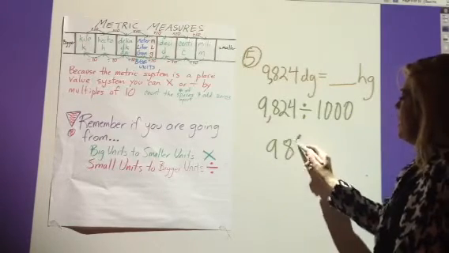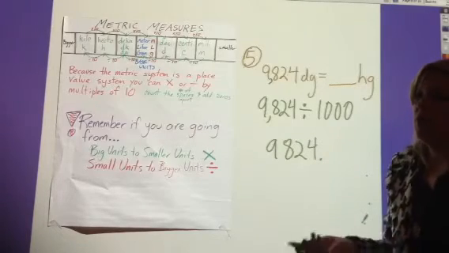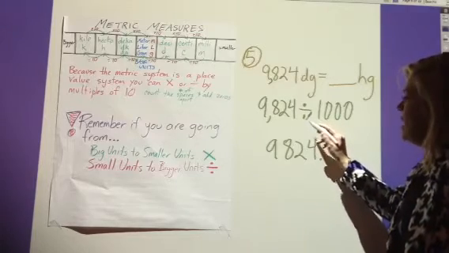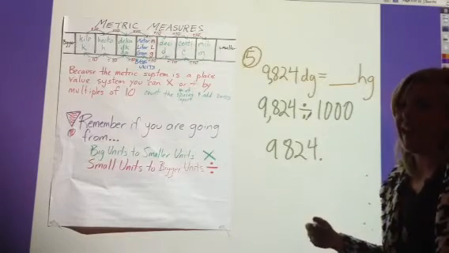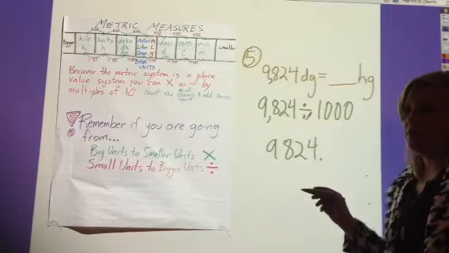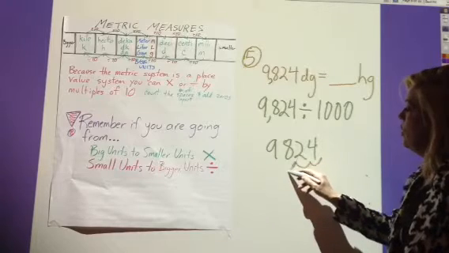The number 9,824 has an invisible decimal point there, whether it's there or not. We know that it's there. And we're dividing. If we're dividing, I know that my answer to a division problem will be smaller than the dividend that I was dividing. I'm going to go to the left. 1, 2, 3, 4.